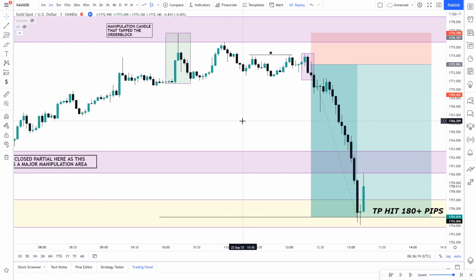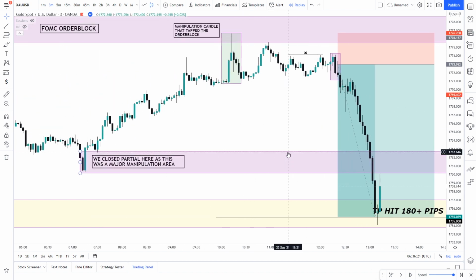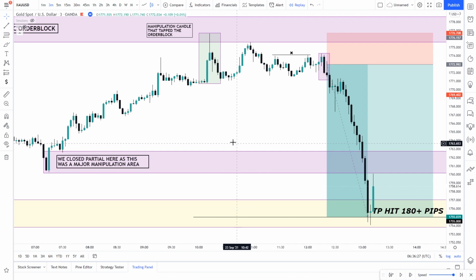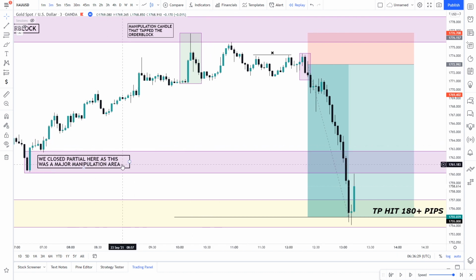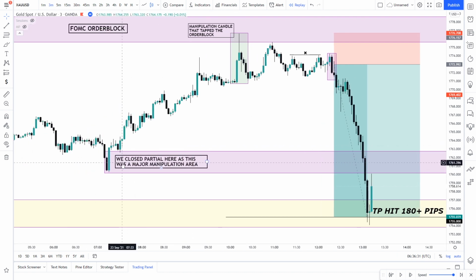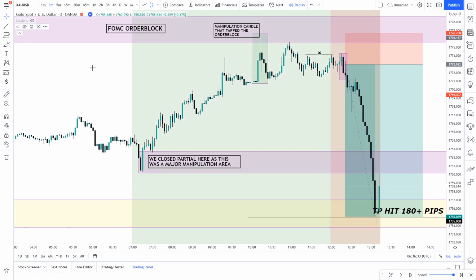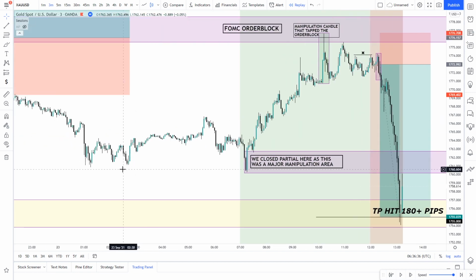So we had to measure our targets: where we are going to secure positions, where we are going to place our TP. This was the place that we used to secure a position. The reason behind it is simple. This was the candle that grabbed the Asian lows, right?